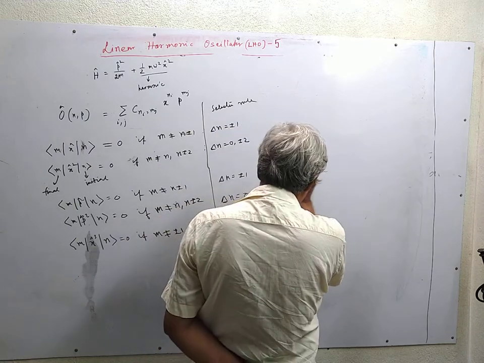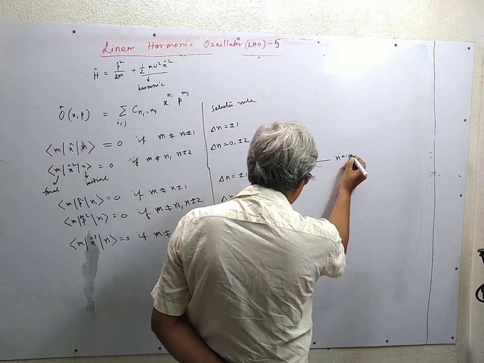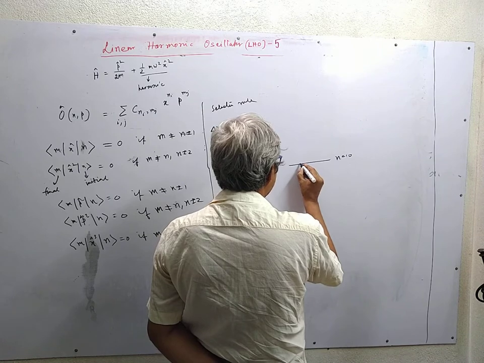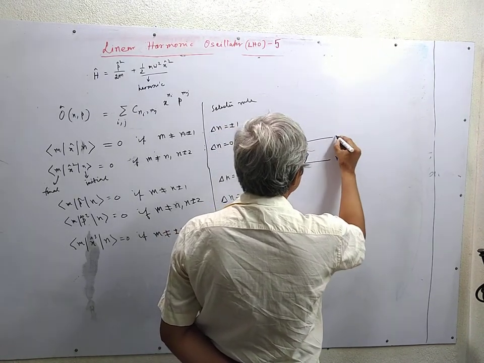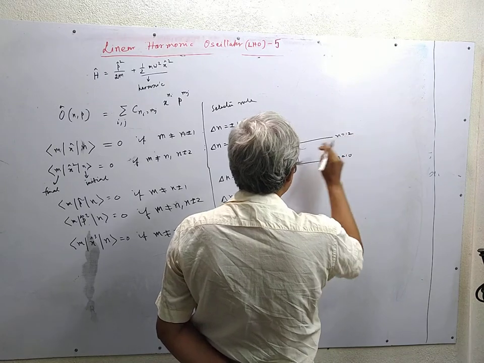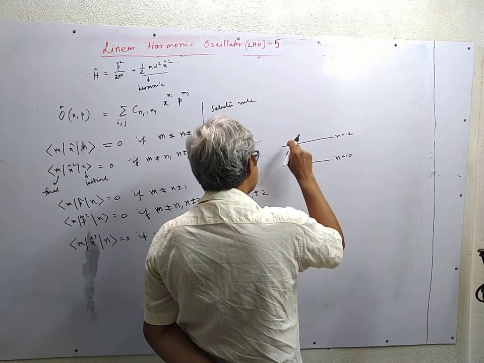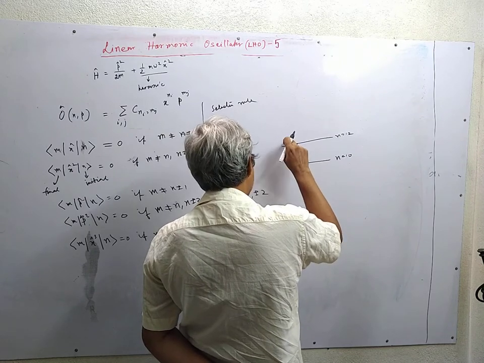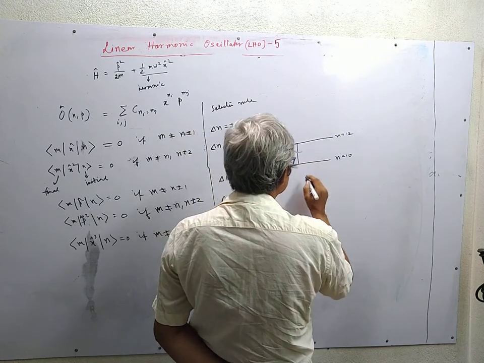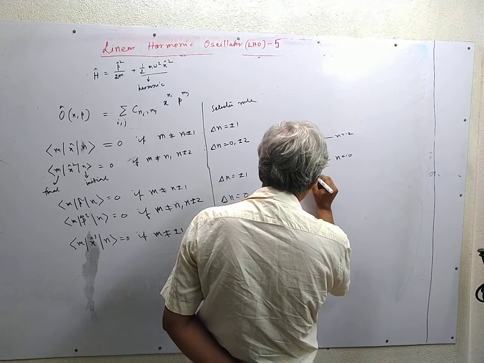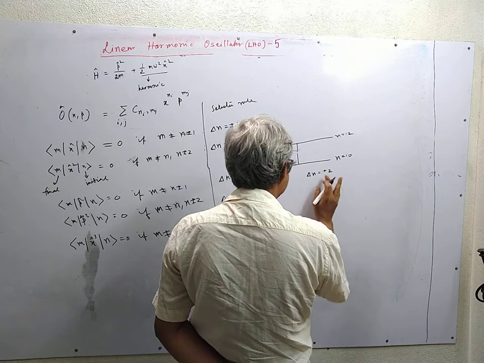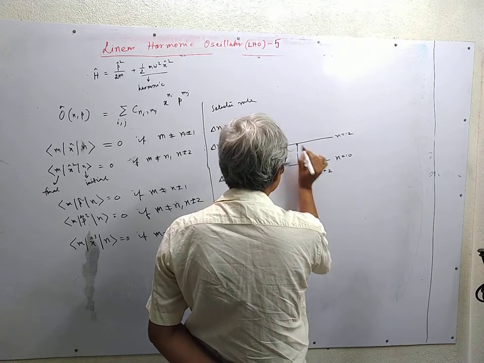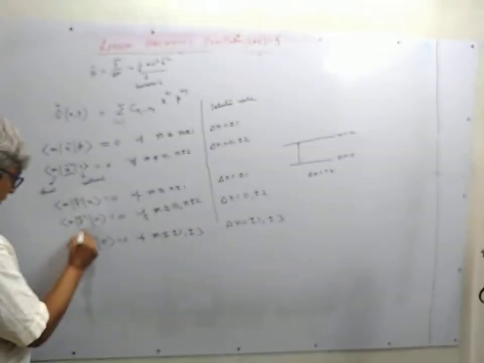Say the system is originally in the state n is equal to 10, and we see that the intense line is found with n is equal to 12. Intense line means the transition is very prominent. So the selection rule that comes into play is plus minus 2, and in this case it is plus 2. So the interaction is most likely of this form or this form.